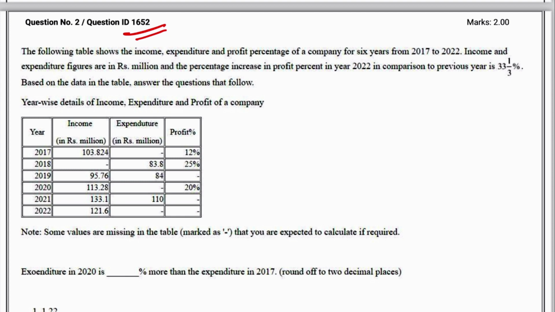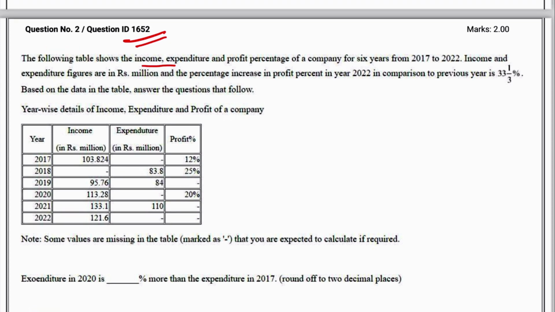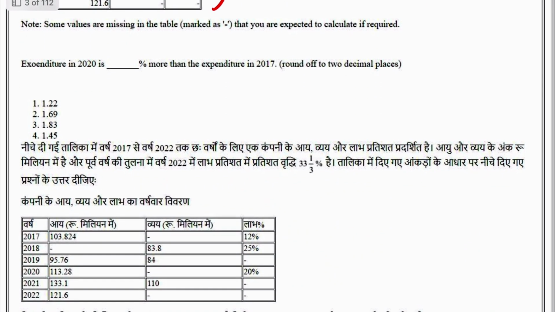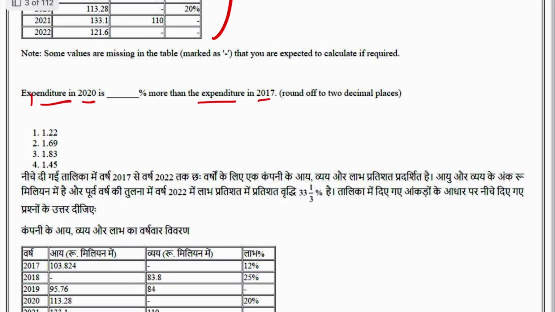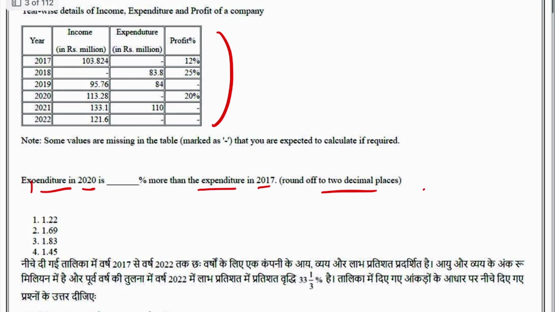Next question number 52. The following table shows the income, expenditure, profit of the company for 6 years. Same thing. All right, same data. Question is: expenditure in 2020 is dash percentage more than the expenditure in 2017. Round off to 2 decimal places. Now, as I told you, the expenditure in 2020 is 94.4, and here it was 92.7.